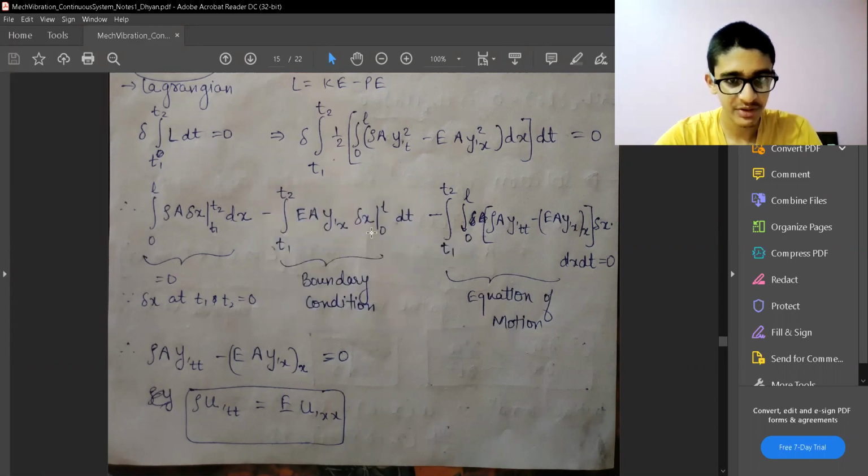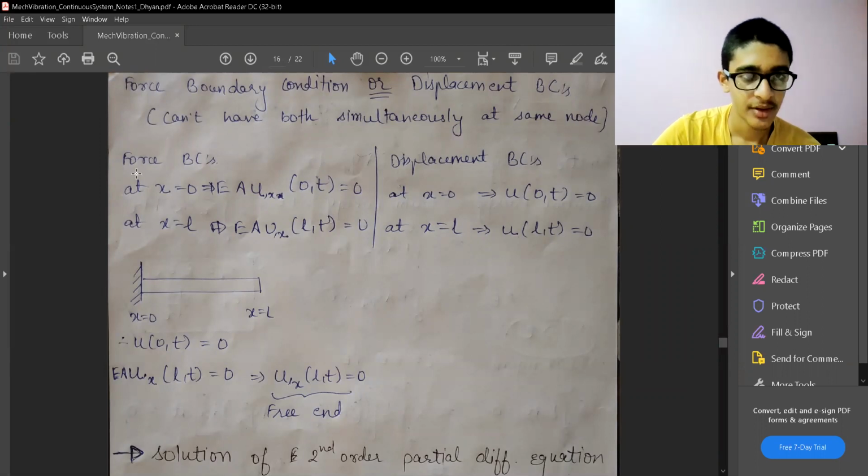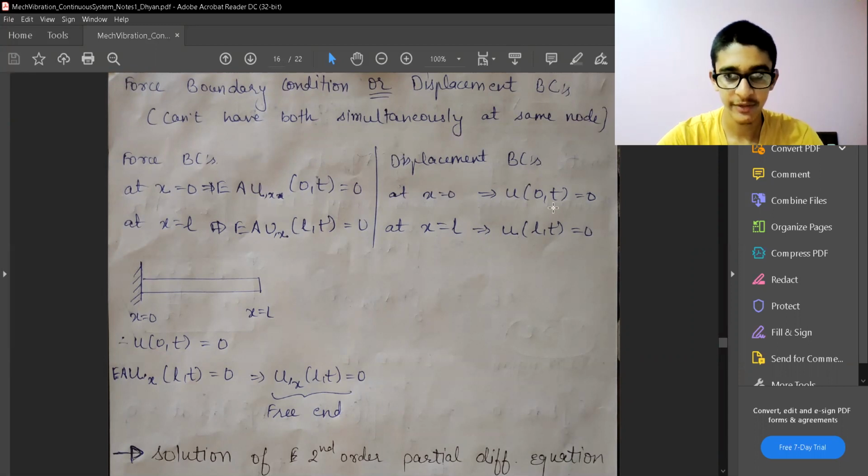Force into displacement was work also, I explained earlier. So we cannot have both the boundary conditions simultaneously at the same node. So the force boundary condition at x is equal to 0 means this is the expression EA del u by del x at 0 comma t is 0. Displacement at x is equal to 0 will be u of 0 comma t is 0, and similarly with x is equal to L.